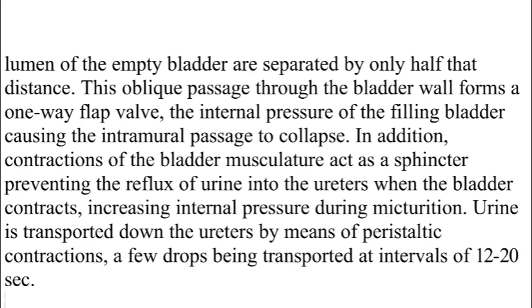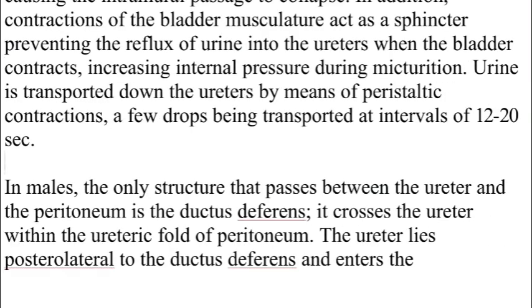So as the bladder contracts during micturition, the internal pressure increases, but there is a sphincter. In addition to the valve we talked about a moment ago, the bladder musculature contracts and acts as a sphincter to prevent reflux of urine back into the ureters.